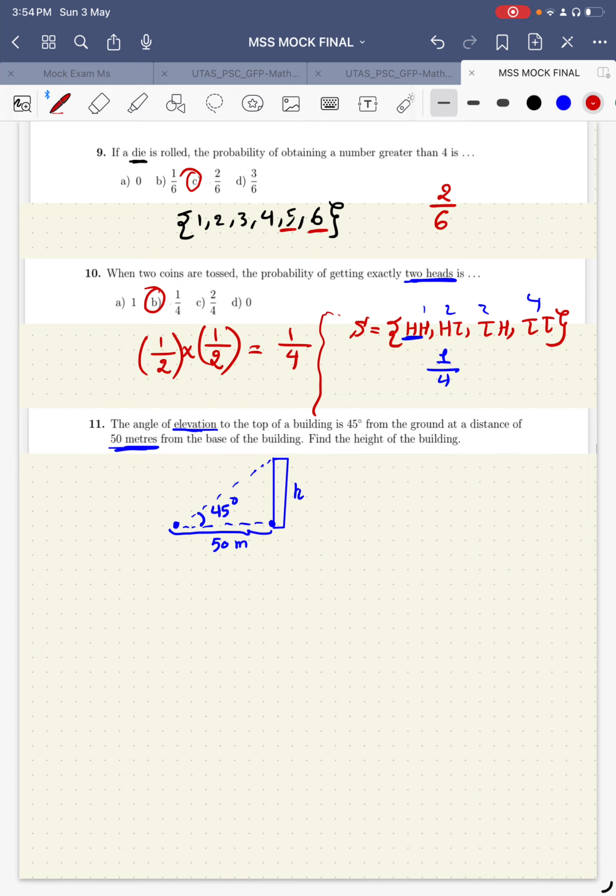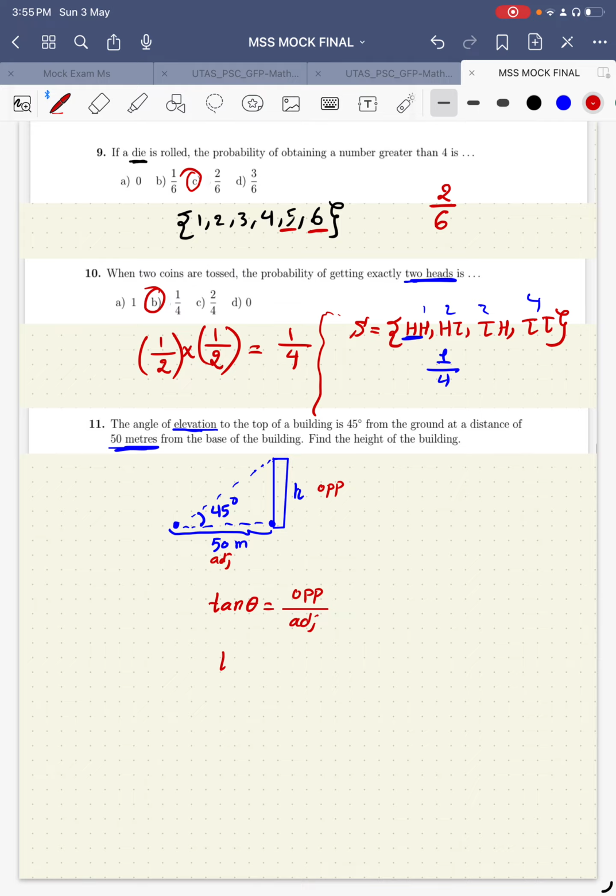To solve this question, let's think about the right triangle, because now I have a right triangle. 50 meters is my adjacent and h is my opposite. So what is the trigonometric ratio that involves opposite and adjacent? If you say tan, then your answer is correct, because tan of theta equals opposite over adjacent.